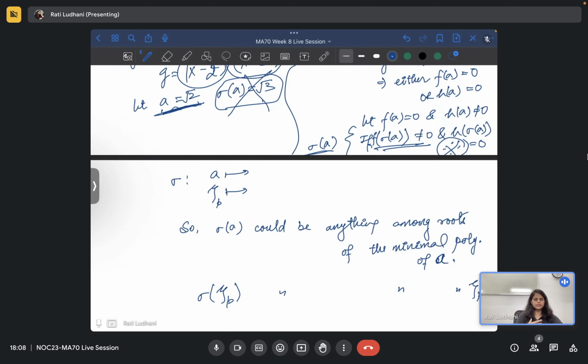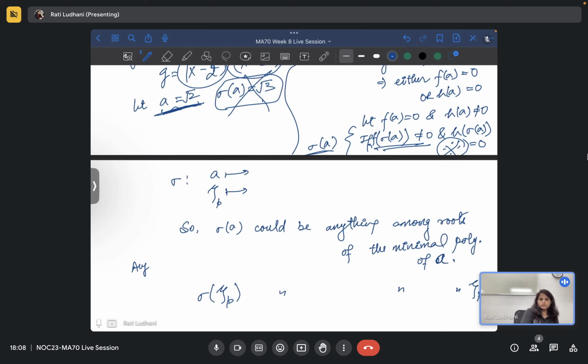This is for any general element, even for Q also, because if any element is in Q, then that is just a linear polynomial, you take x minus a, and the choice for sigma a is among the roots of x minus a, that is a. Again, we are looking at the roots in L, we don't have other options, right?